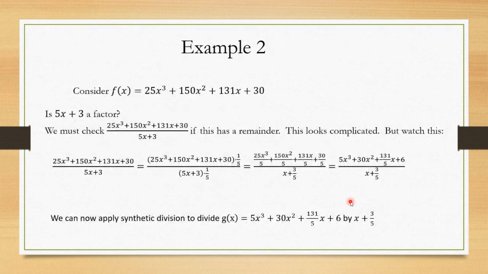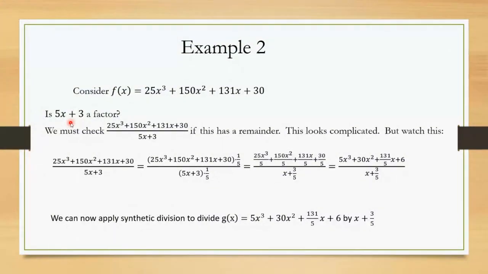Okay. Now, this example I'll say a little bit about, but really we'll do it next time using long division. Notice it looks like at first you cannot use synthetic division, right? And why is that? Well, synthetic division, you had to have x minus a number. But notice we have 5x plus 3, right?